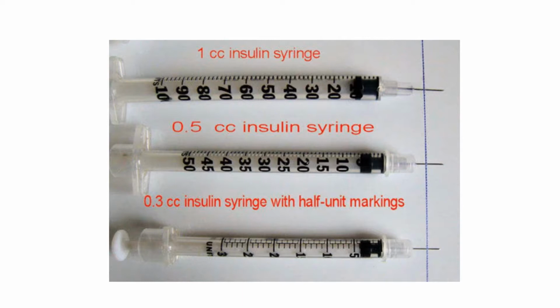And the bottom one is a 30 unit per milliliter syringe, and it's important to note that each marking measures a half unit of insulin. So if your patient is getting 10.5 units of insulin, you would want to use that bottom syringe or the 0.3 cc syringe for that.